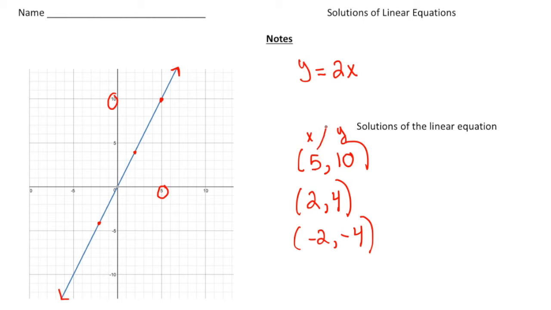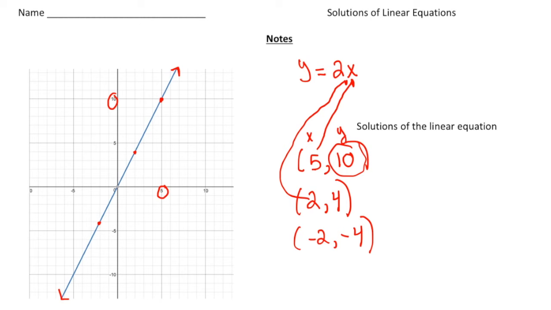So if I take this 5 and plug it in for the x, 2 times 5 gives you 10. How about this one here? This one we know x is 2. So when I plug in that 2 for the x, 2 times 2 gives us 4. Same thing for this one. When x is negative 2, negative 2 times 2 gives us negative 4.